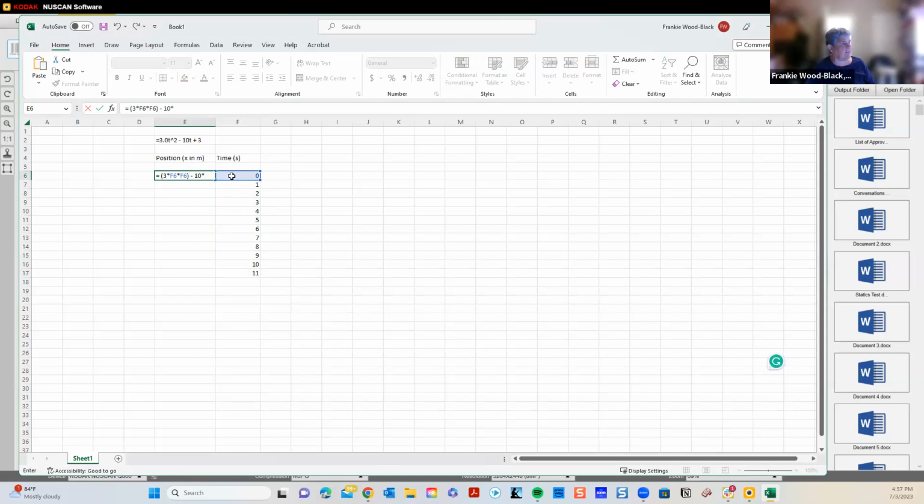So I've got that times that square plus 3. And now I have an equation. And now I can copy this all the way down. I'm going to do control copy or control C.